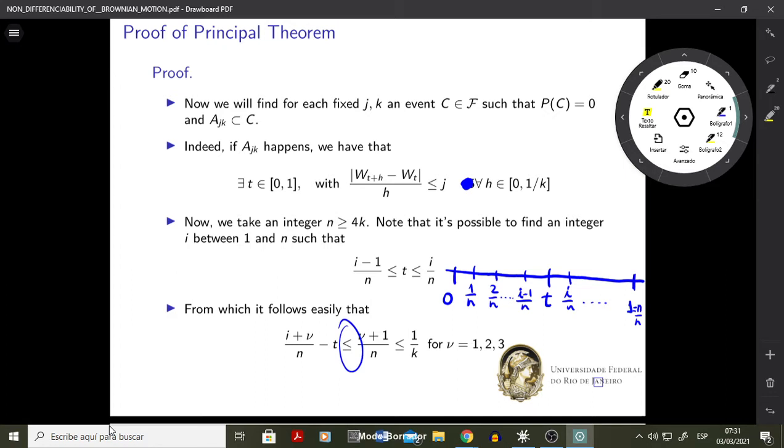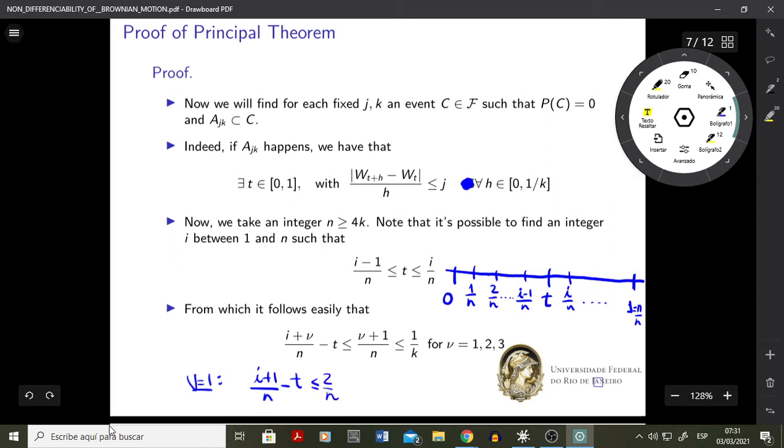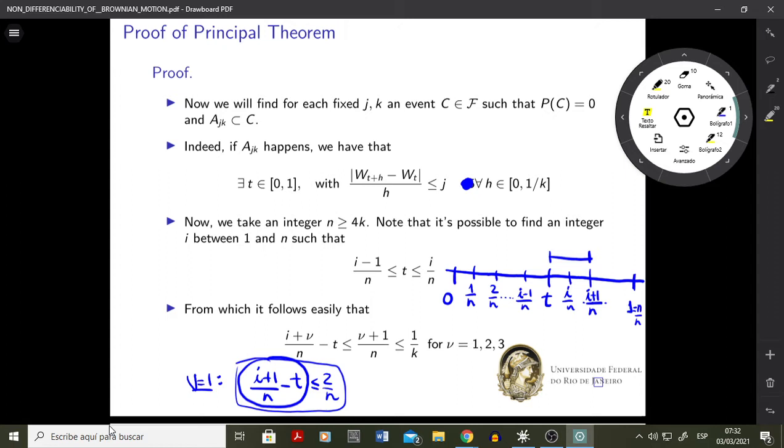We can work with the distance. For instance, for nu equals 1, this is true because if you look at the graph, here is i plus 1 over n, and this is the distance between i plus 1 over n and t.